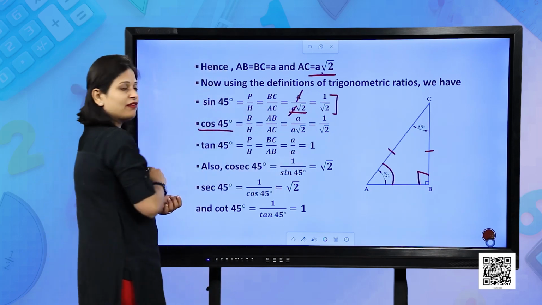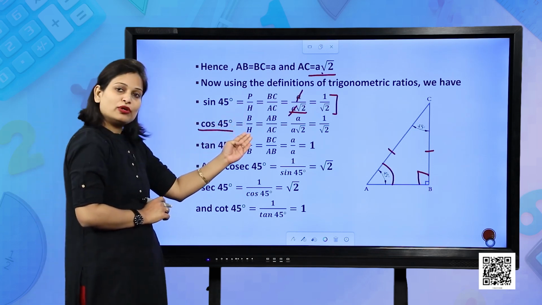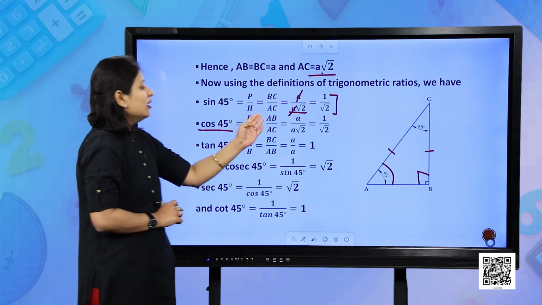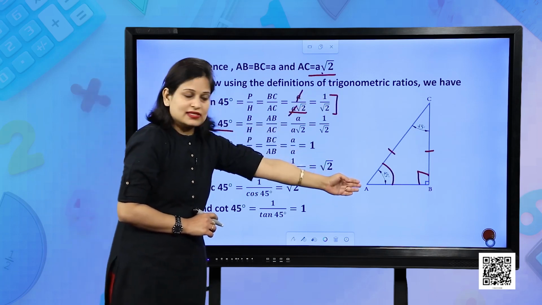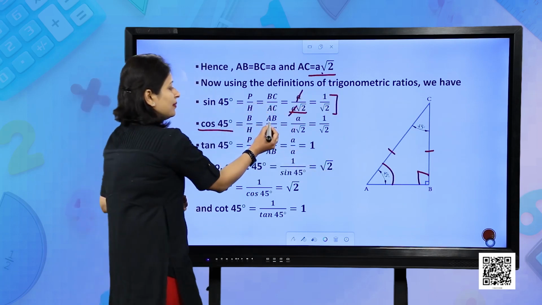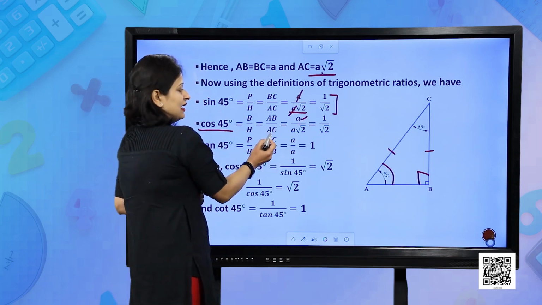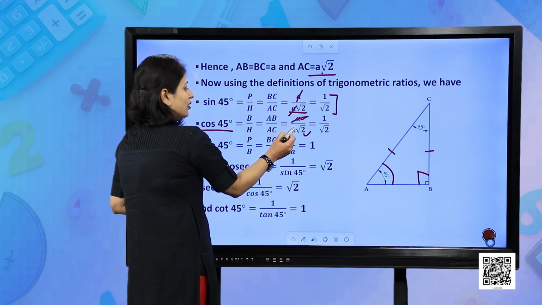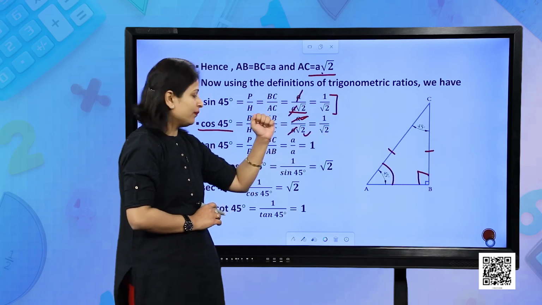For cos 45 degree, by definition you have base upon hypotenuse. Here base with respect to angle A is AB and hypotenuse is AC. So, simply substitute the value of AB which is A, AC, A root 2, simply cancel out A, you will get 1 upon root 2.